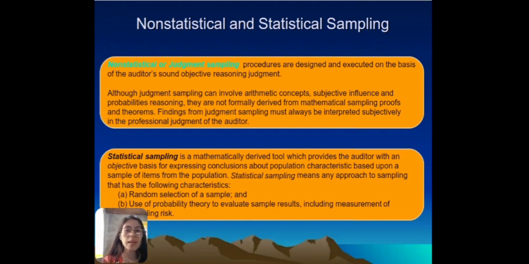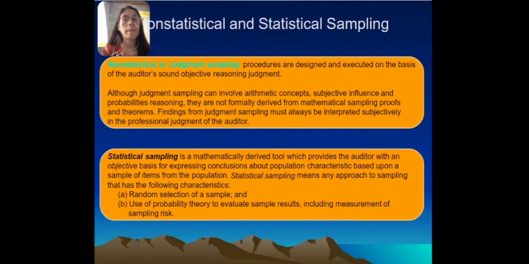So when we say statistical sampling, it means any approach to sampling that has the following characteristics. First, we have random selection of a sample. And the second one is use of probability theory to evaluate sample results, including measurement of sampling risk.